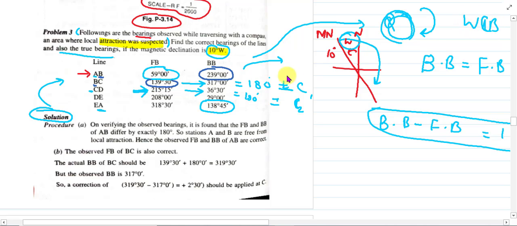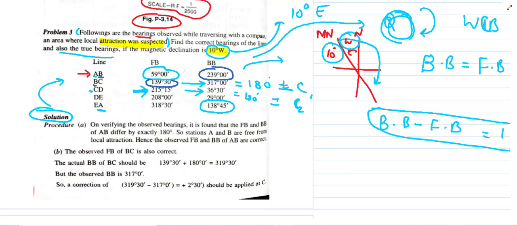So in the whole circle bearing, if you minus this 10 degree, because it is moved toward the west, from all the values, that will be your true bearing. If it is something like this, 10 degree east, then we add 10 degree.